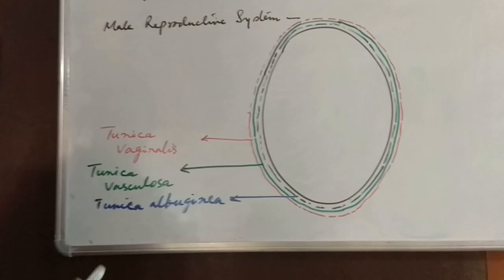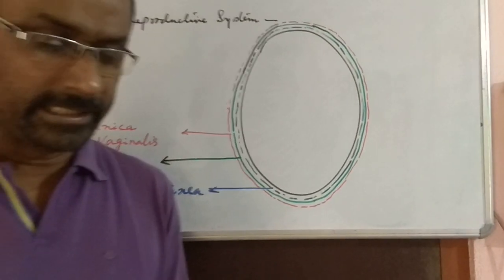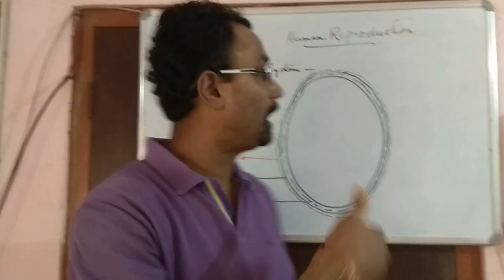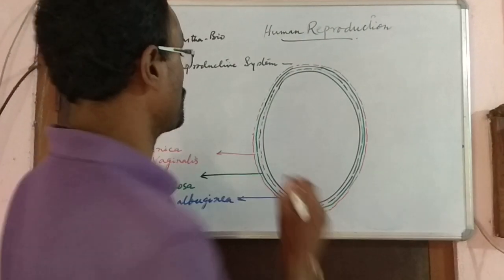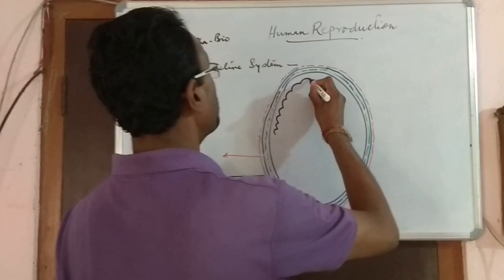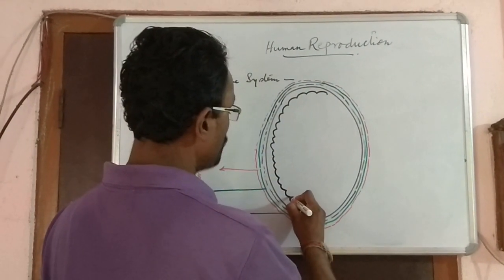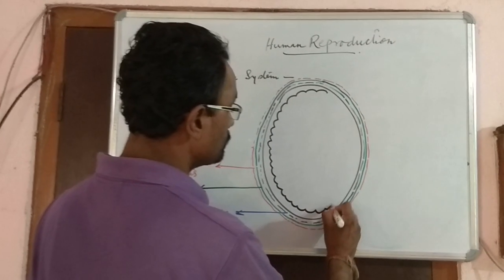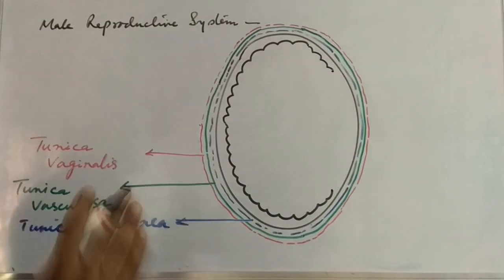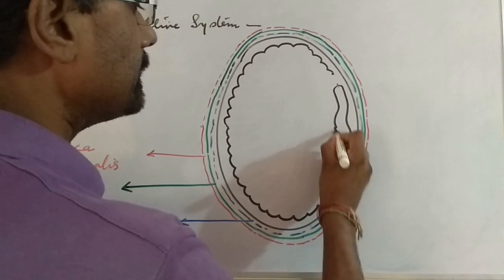Three layers it is. Now let's go inside the testes to know the details of how a testis looks when we go for the transverse section. Here we find distinct compartments inside the testis. These compartments are called locules. They are compartments. There is one irregular body here.